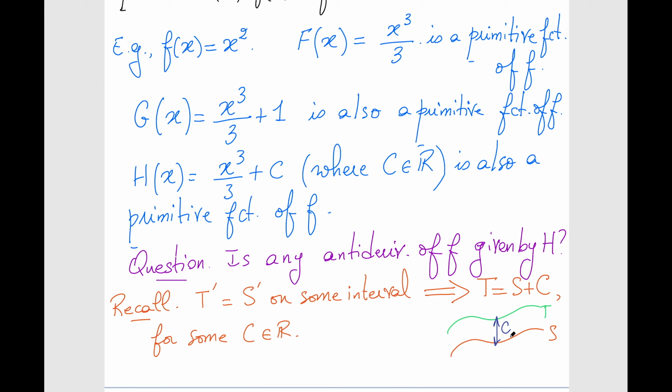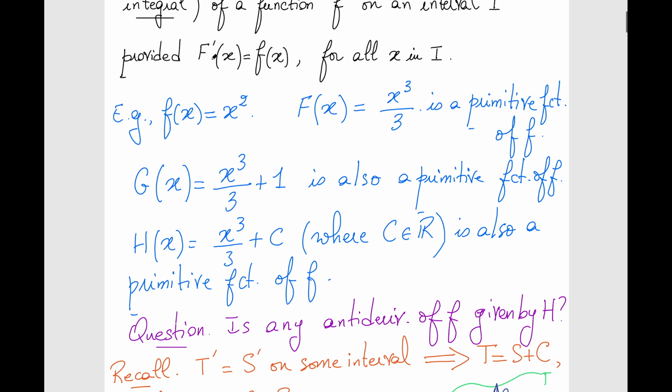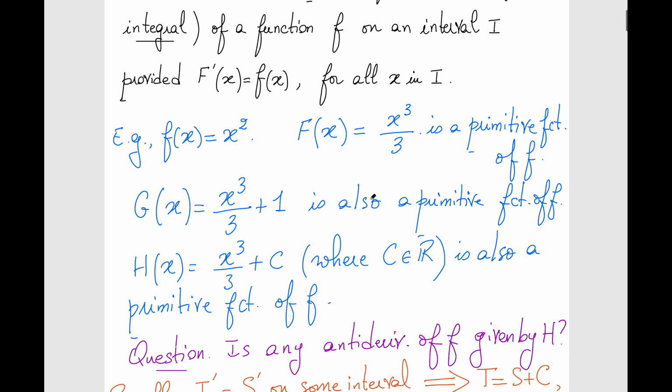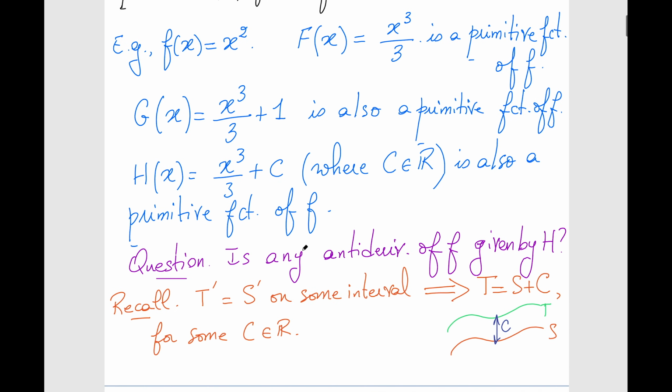Each curve must have the same slope at any given value of x. The derivative of any of these two functions is going to be the same as little f in this case, so the derivative of t and the derivative of s are the same, and hence they're going to be the primitive functions for the same function little f in some sense.